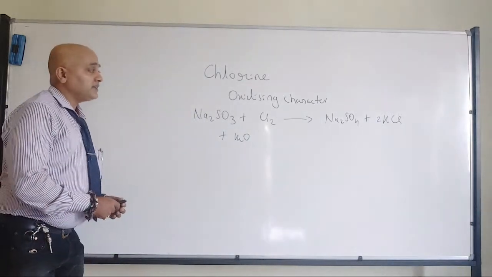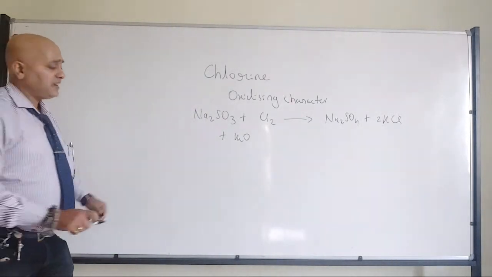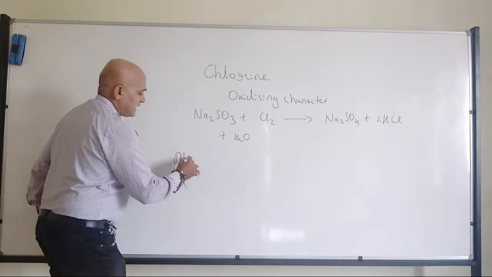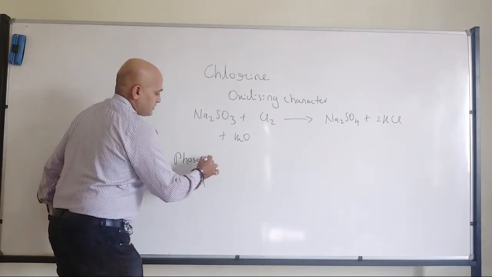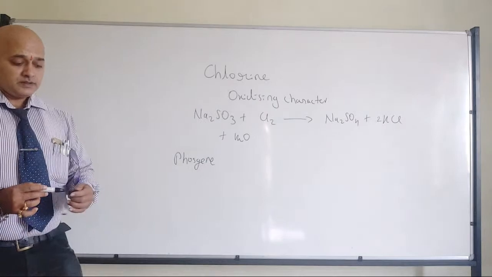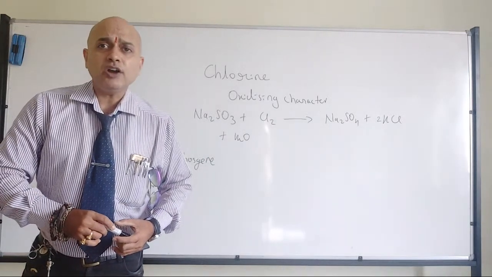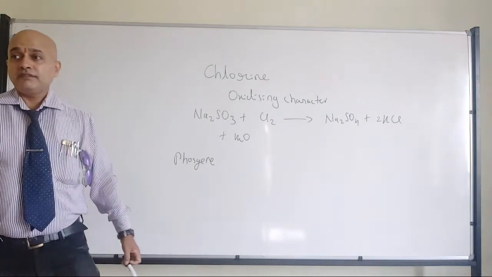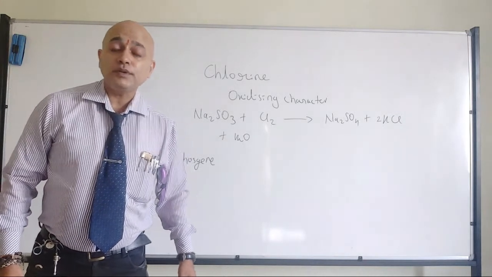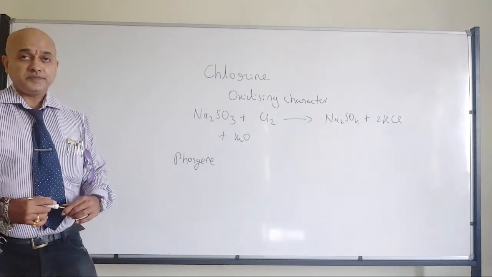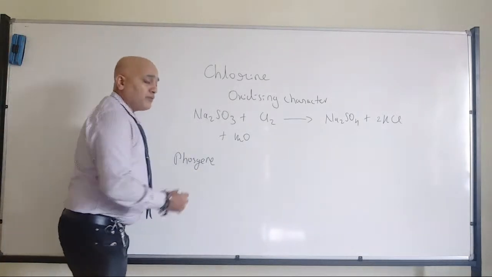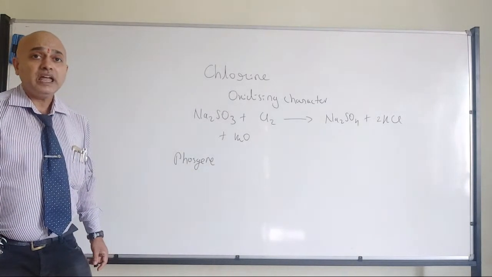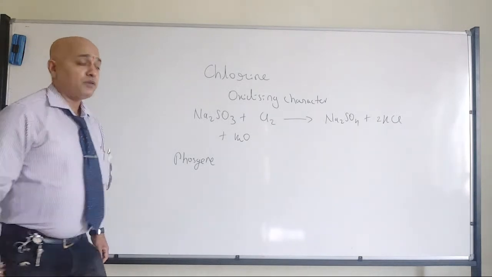Now if you take some of the gases, like we have the phosgene gas, which is toxic. Now phosgene, what is the formula? We have already discussed the formula for phosgene, COCl2, when we discussed haloalkanes and haloarenes.